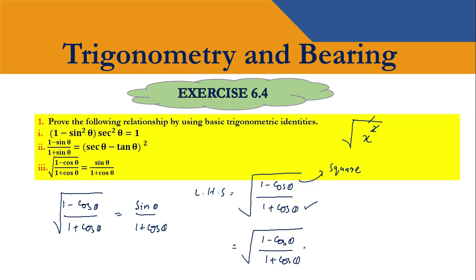Now multiply and divide this expression with 1 plus cos theta. Why 1 plus cos theta? Because 1 plus cos theta into 1 plus cos theta will give you a complete square of 1 plus cos theta. This will convert into 1 minus cos square theta over 1 plus cos theta as a whole square.